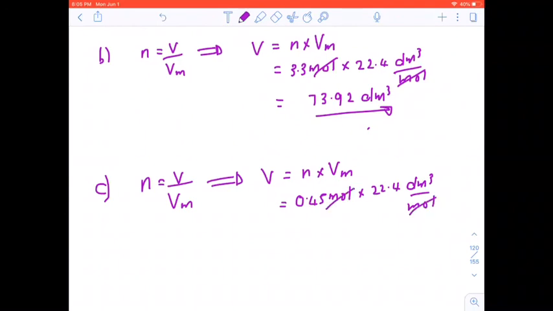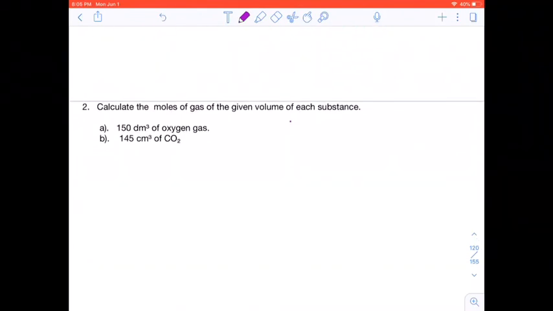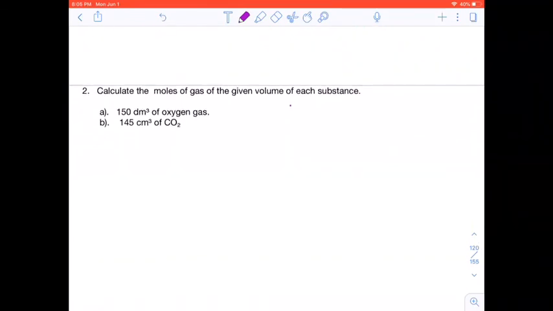Mole cancels out. We are left with dm³, and that gives us 10.08 dm³. Right.